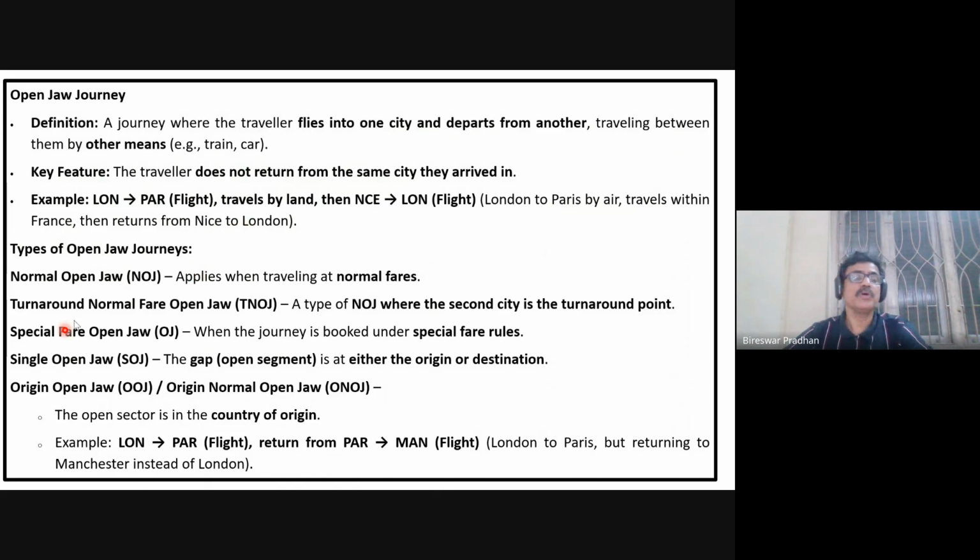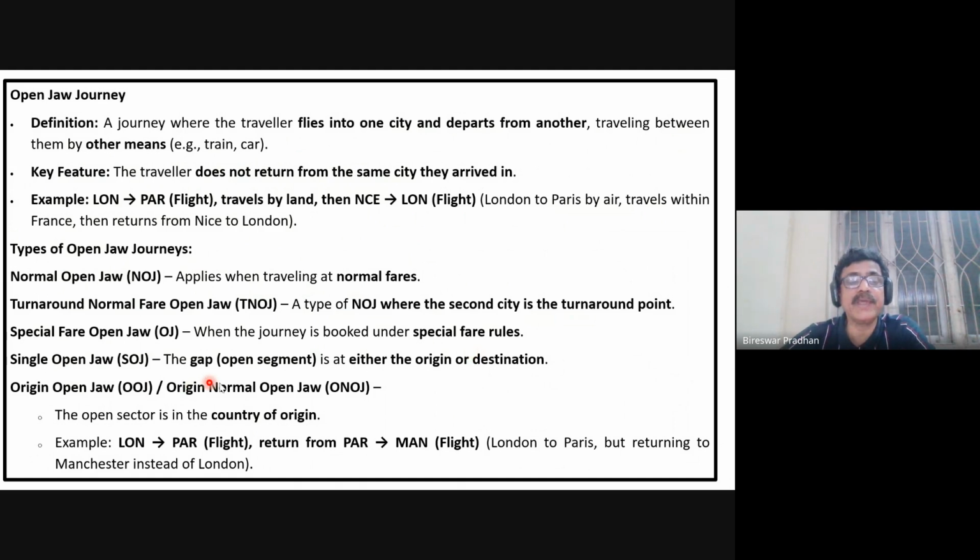Types of open jaw: normal open jaw, which applies when the traveler uses normal fare pairs, where the second city is the turnaround point; and special open jaw, when the journey is booked under special fare rules.